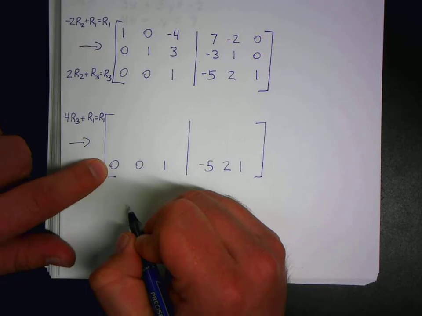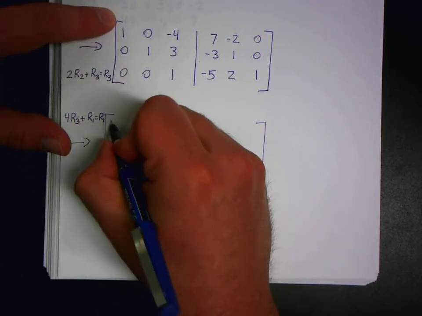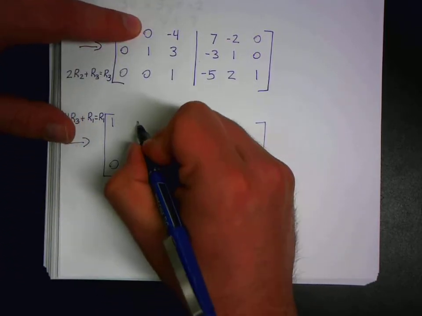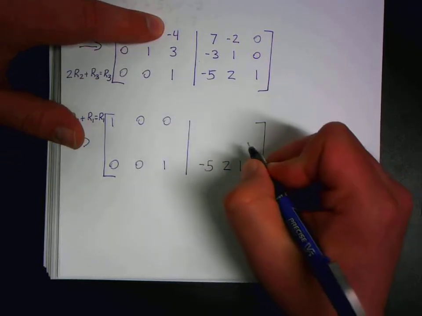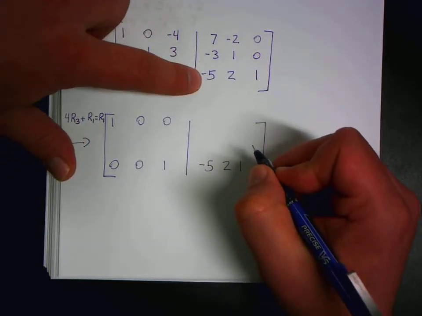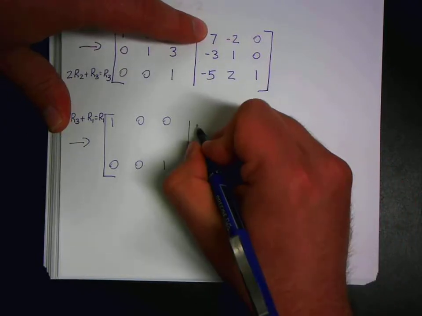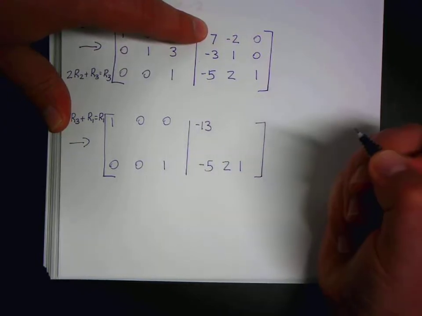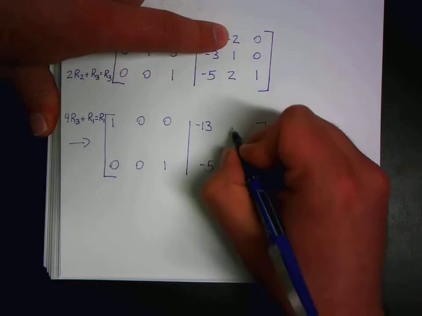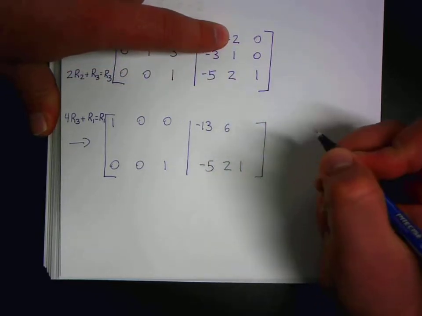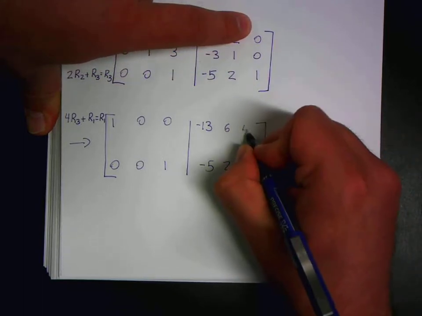So 0 plus 1 is 1. 0 plus 0 is 0. 4 plus negative 4 is 0. Negative 20 plus 7 is negative 13. 8 plus negative 2 is 6. 4 plus 0 is 4.